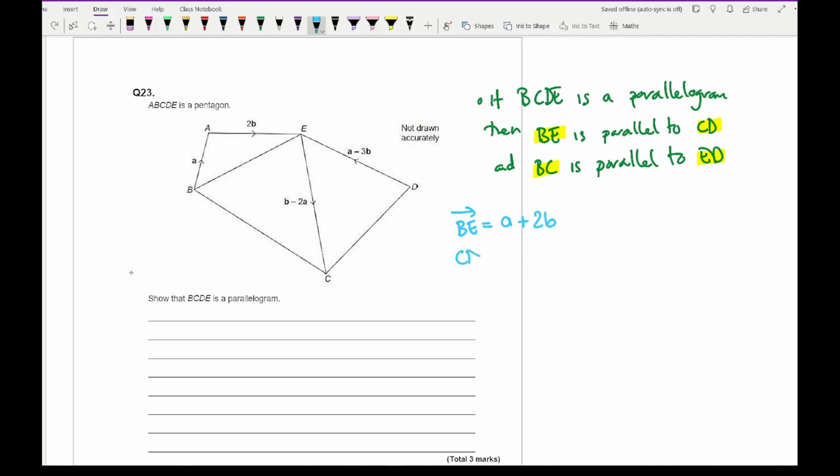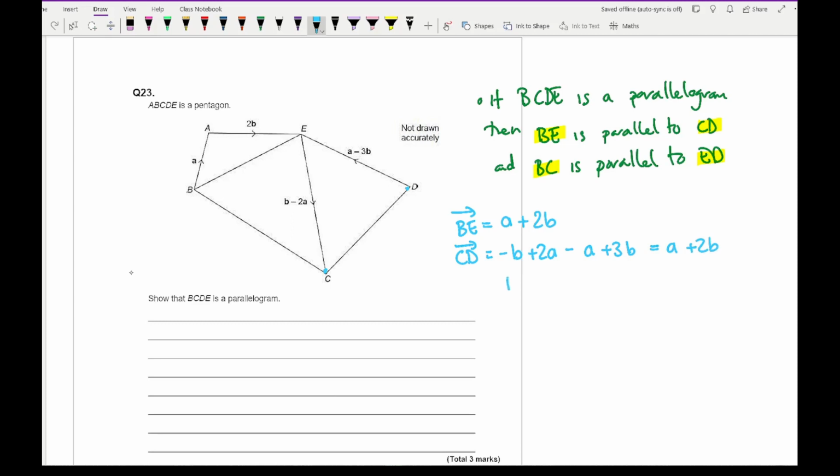And C to D, which is here to there, is going to be minus B plus 2A, because I'm going in the opposite direction of the arrow. Then going from E to D, I'm going to do minus A plus 3B. If I simplify all of that, I've got 2A minus A, which is A, and minus B plus 3B, which is plus 2B.